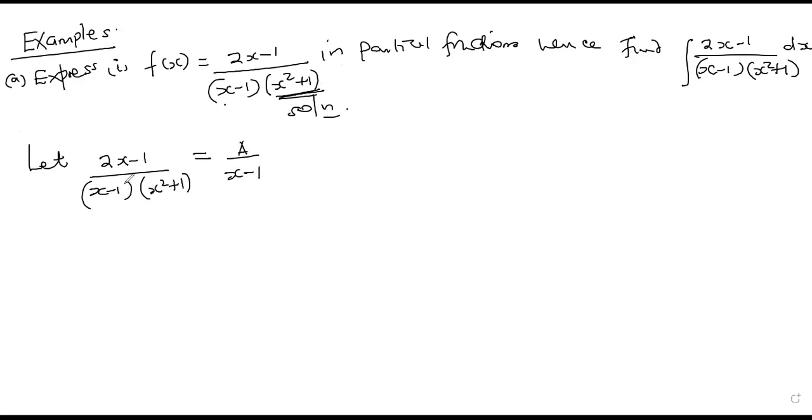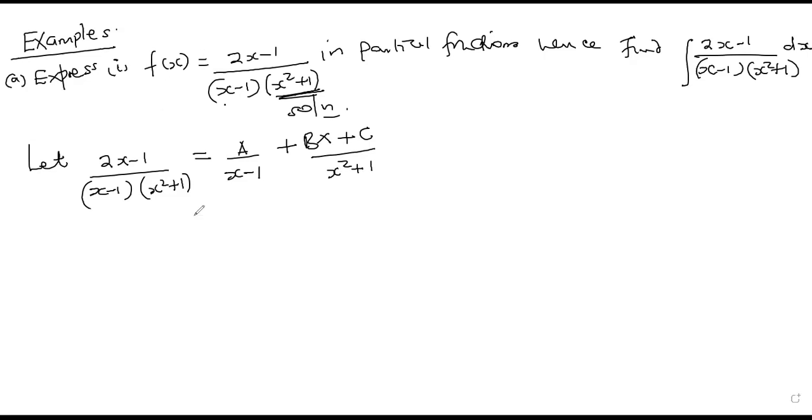You get this first one, you create its partial fraction. Then this one, which is quadratic, we shall use bx plus c out of x squared plus 1. That is what we do.